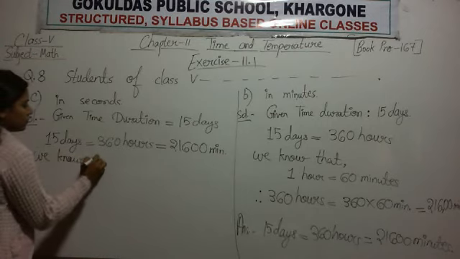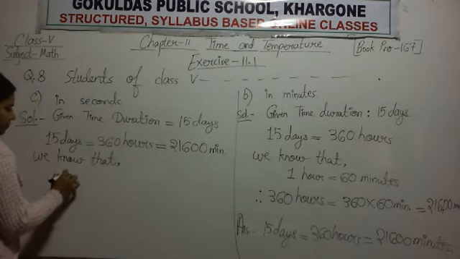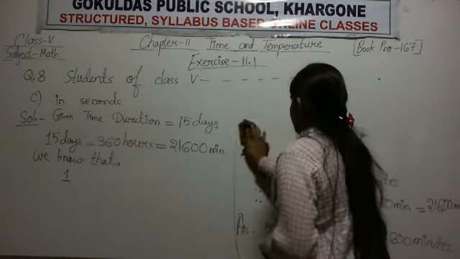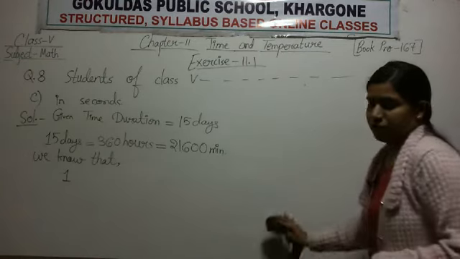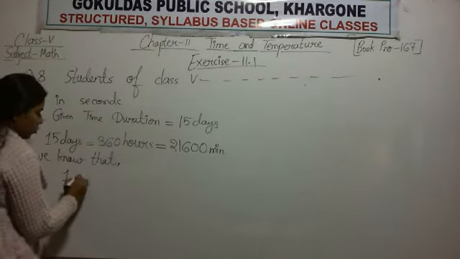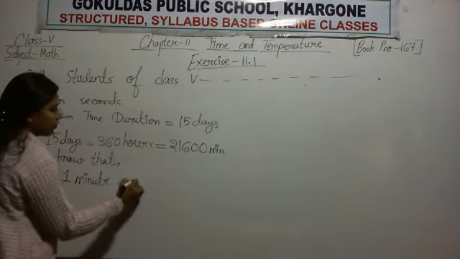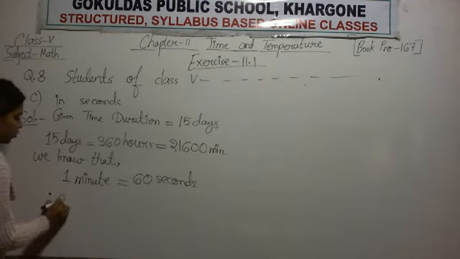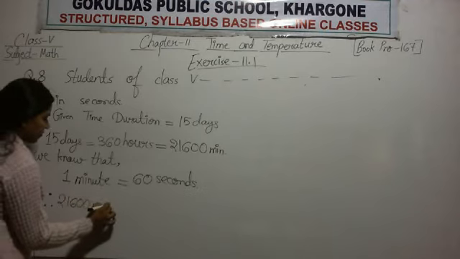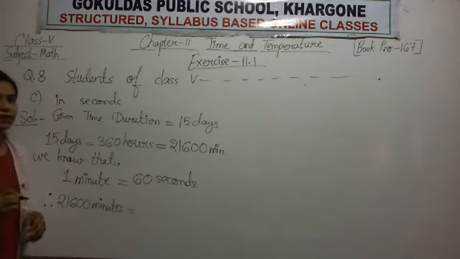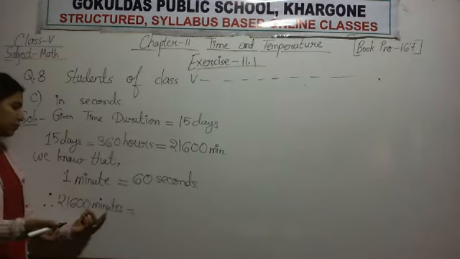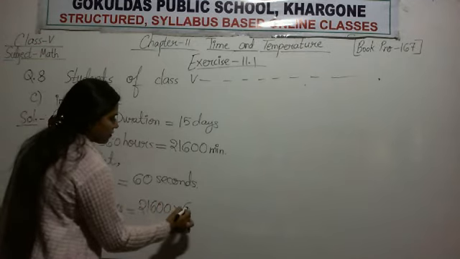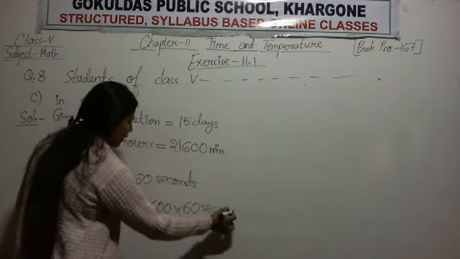I am writing, we know that 1 minute is equal to 60 seconds. We multiply 21600 with 60 seconds. After multiplication, we will get our result.